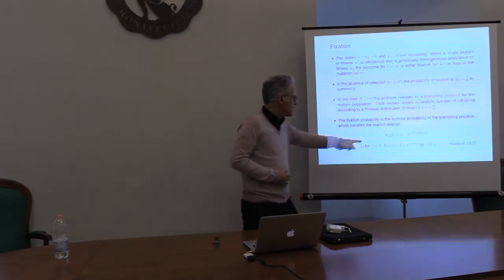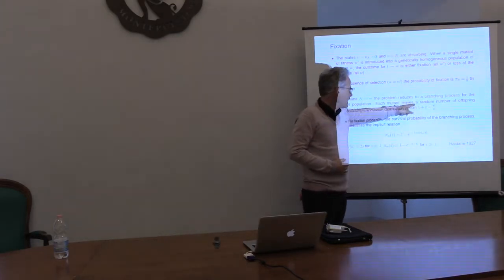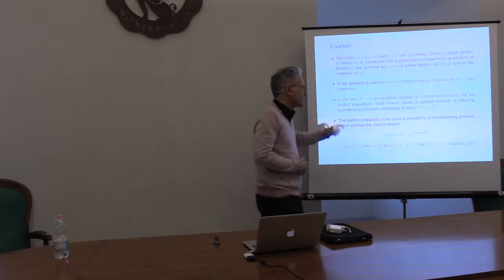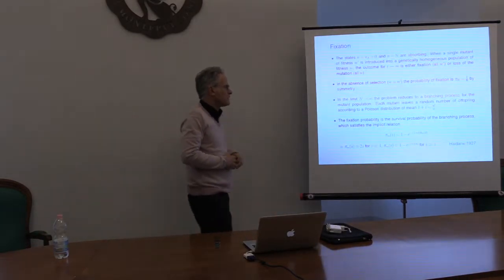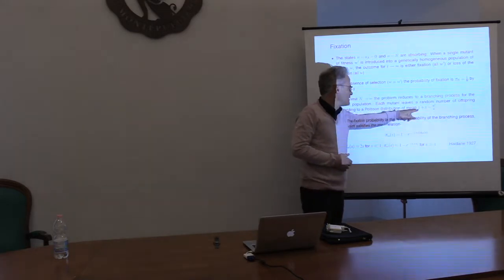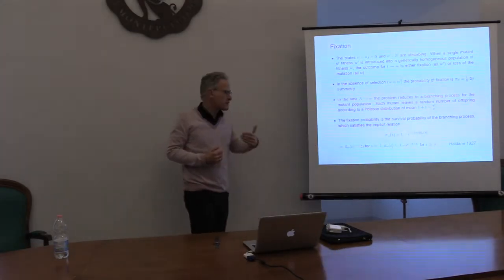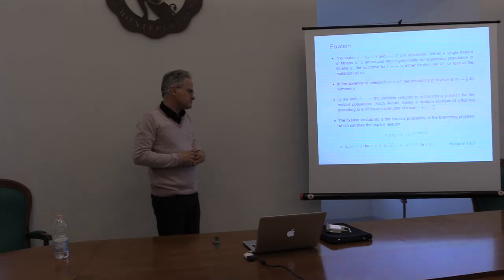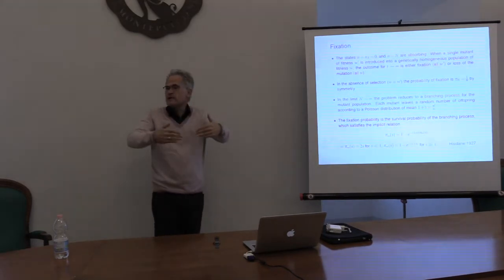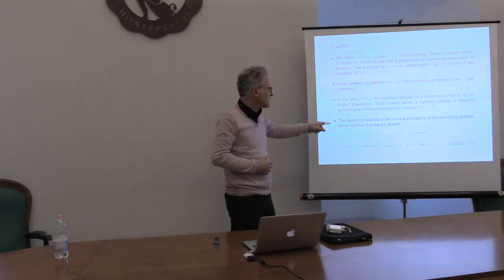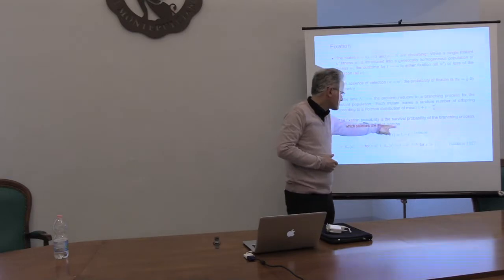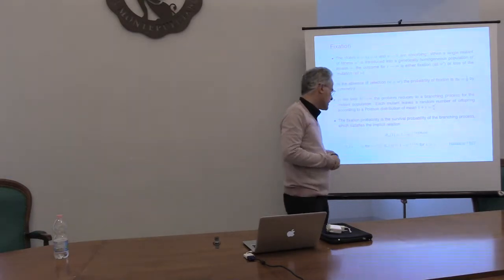And S is here the so-called selection coefficient, so W prime over W, the ratio of the mutant fitness to the original fitness, is 1 plus S. When S is positive, the mutant is favored, and so the branching process is, as we would say, supercritical, so it has a finite probability of actually fixing, and this probability is given by this implicit relation.